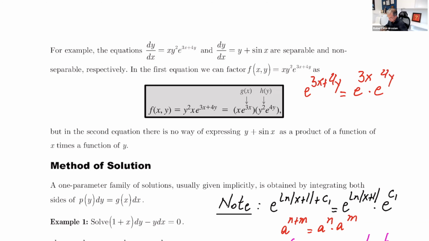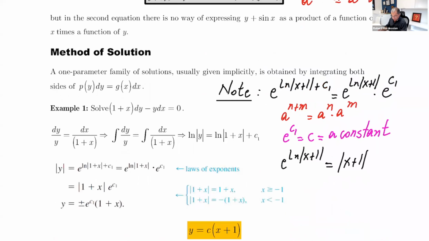So the rules of exponents: a to the n plus m is the same as a to the n times a to the m. However, for the second equation, there's no way you can express y plus sine x as a product of a function of x times a function of y. So that's not a separable differential equation.